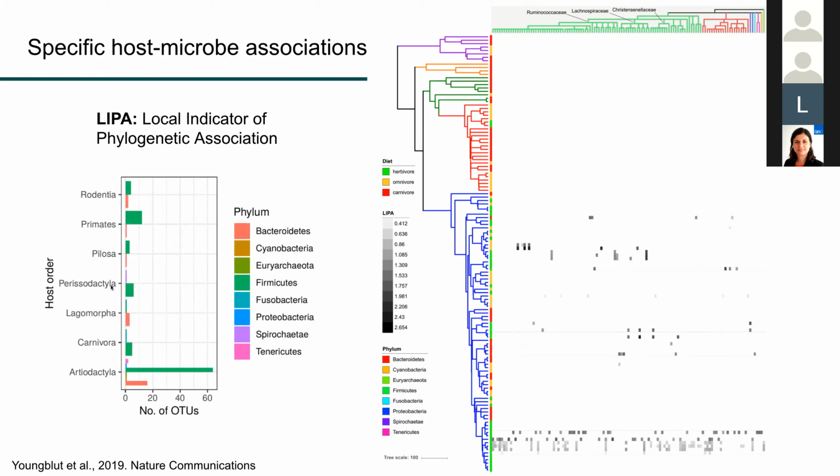This is grouping by host taxonomic order and each microbial phylum. You can see it's mainly Firmicutes across, with some Bacteroidetes, and it's especially prevalent within ruminants. So ruminants were quite special here, and they do have arguably the most complex gastrointestinal physiology, which might be causing this strong signal.